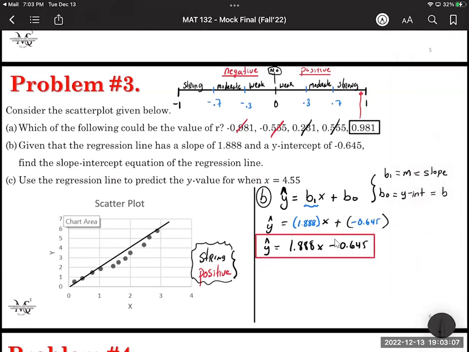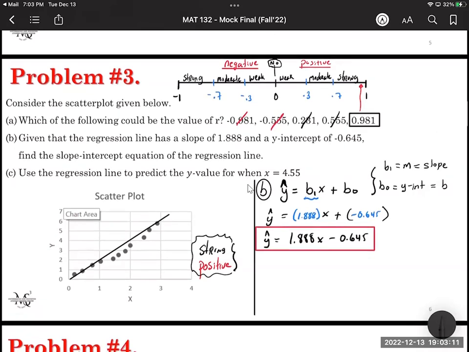Now, in part C, once you have the equation of your regression line, part C asks you to use the regression line to predict the y value for when x is equal to 4.55. So x is like a predictor.